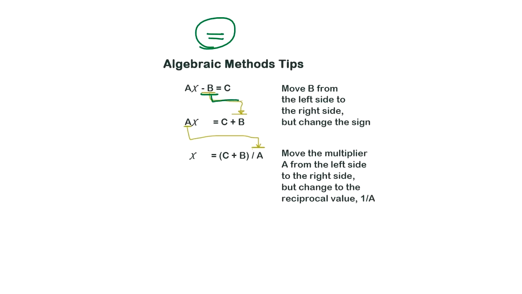Just move it to the other side and change the sign to plus, because you add b to both sides to cancel this out. So why bother to add b on both sides? Just move. Negative b will be plus b, plus b will be negative b. Just change the sign and move to the other side.